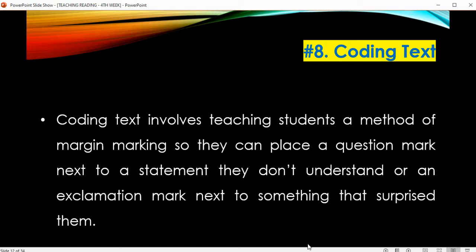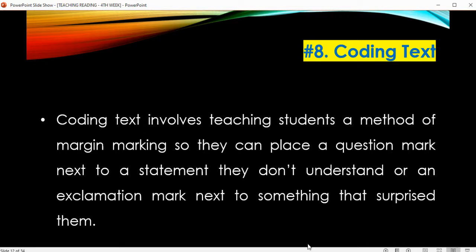So if they don't understand something, maybe the meaning of a word, a passage or a paragraph, they could write a question mark, maybe then they could ask the teacher or other partners to get it clear, right? And also, if they understand the message, they understand the meaning of the words, but they are surprised about it, they could use an exclamation mark, because they are surprised.